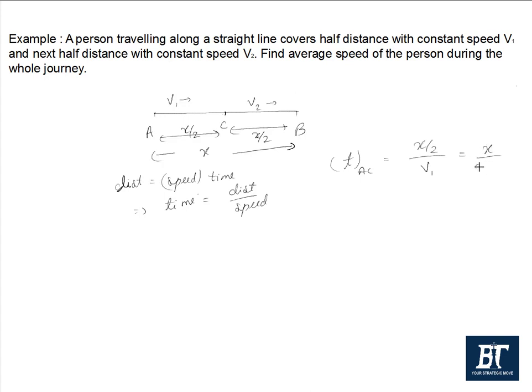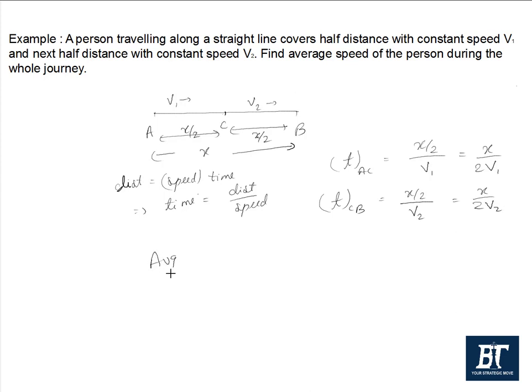So time will be x by 2 v1. Similarly, time taken by the person to travel from point C to D will be distance, which is also equal to x by 2, and speed, which is equal to v2. So time taken will be x by 2 v2.